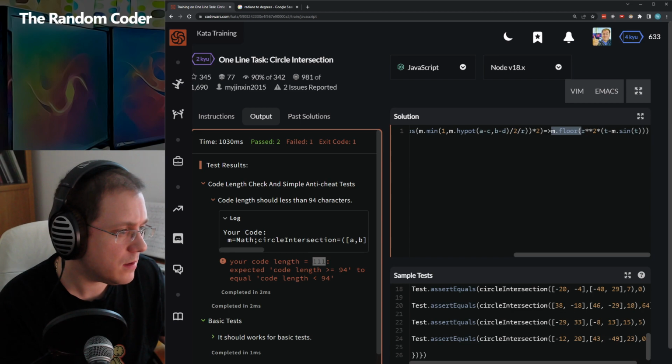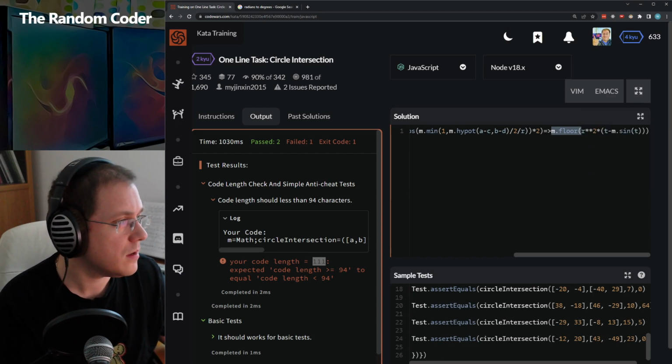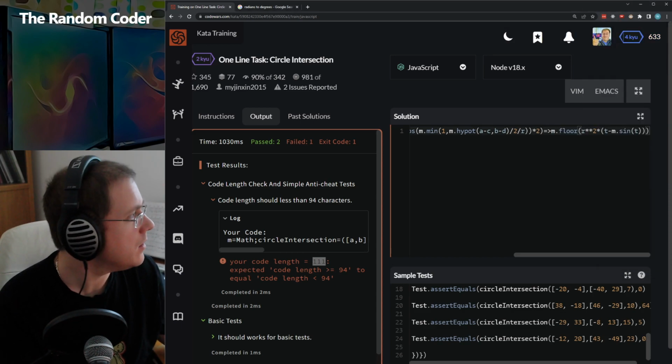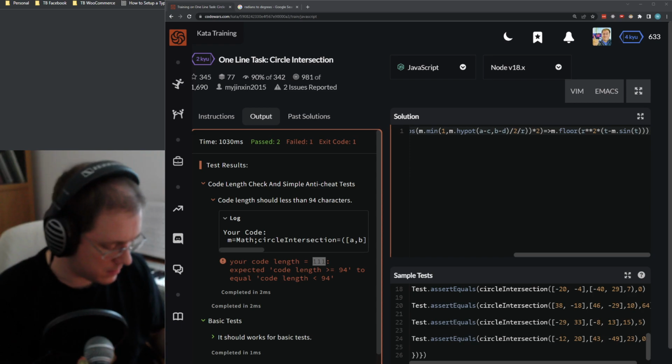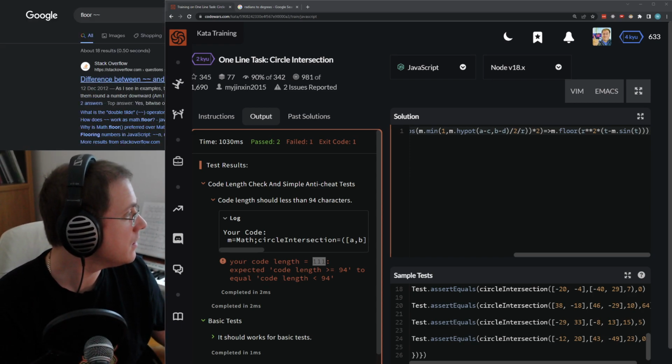There's a way, there's like a bitwise operation for taking the integer that I've seen before. Let me just quickly see if I can find it. Yeah, here it is.